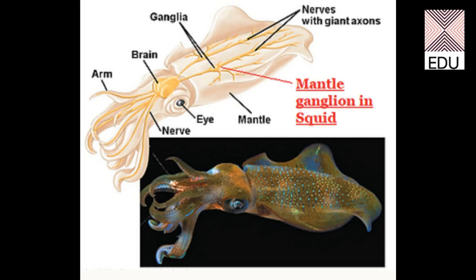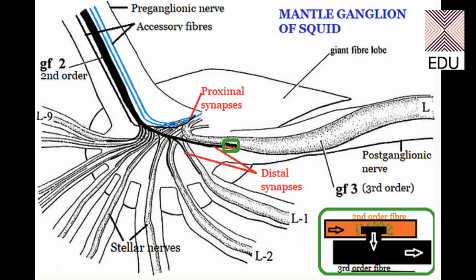Now students, go by the second diagram, which is pertaining to the mantle ganglion of a squid. In this diagram, we start with the very left side. Here you can find labeling which is called GF2.